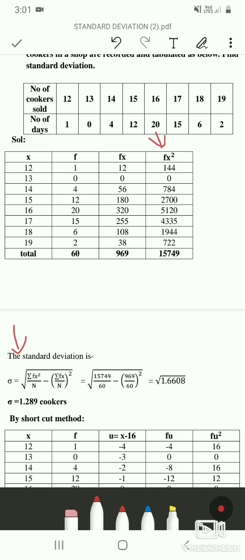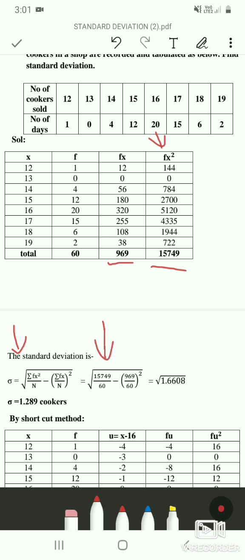So there is no need of making an extra table. But if you are not okay with this method, then you can make an extra table because that won't be confusing. Or else you can go with this, ignoring the step of another table of x square. So you'll get the values of summation fx and summation fx square. Substitute in the formula.